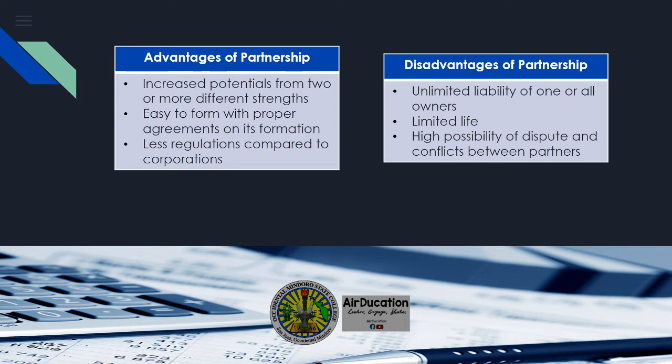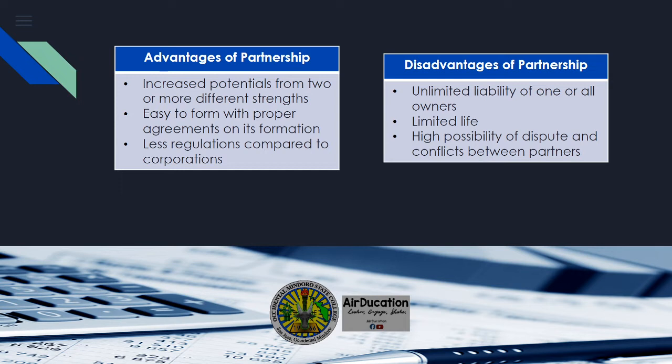First, you have unlimited liability of one or all owners. Again, if the agreement relies only on the financer of the business, that financer is the only one liable for any financial dispute in the business.